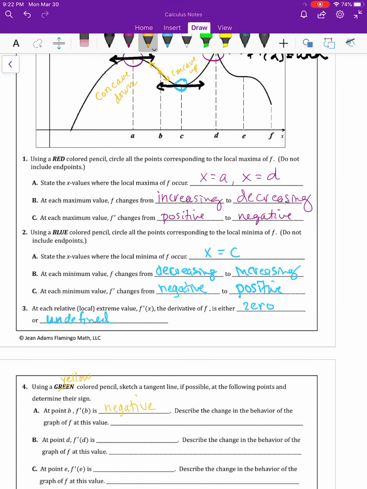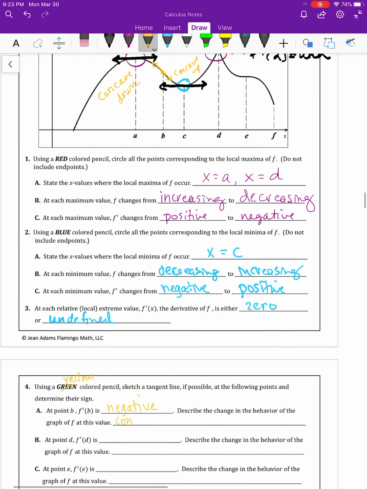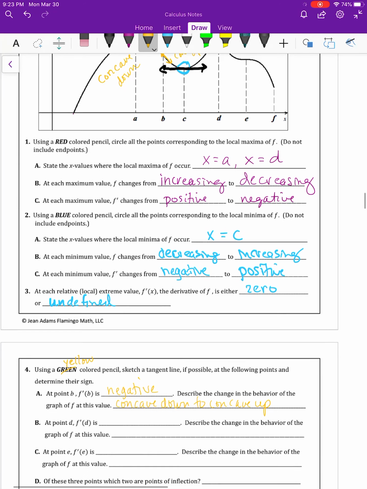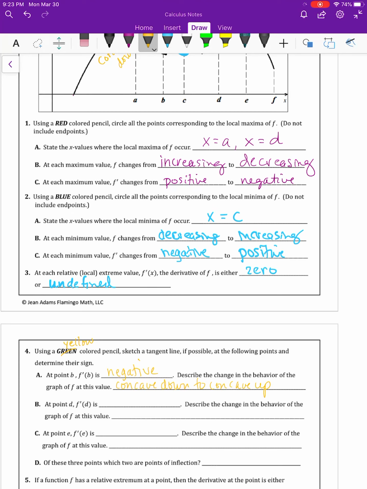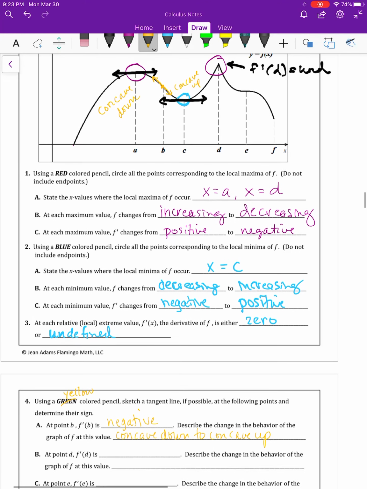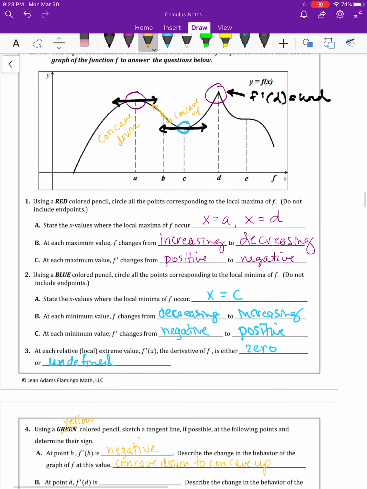So when it's asking us to describe the change in behavior of the graph of f at this value, I'm going to say it goes from being concave down to concave up. That is called a point of inflection. When concavity changes, that's a point of inflection.